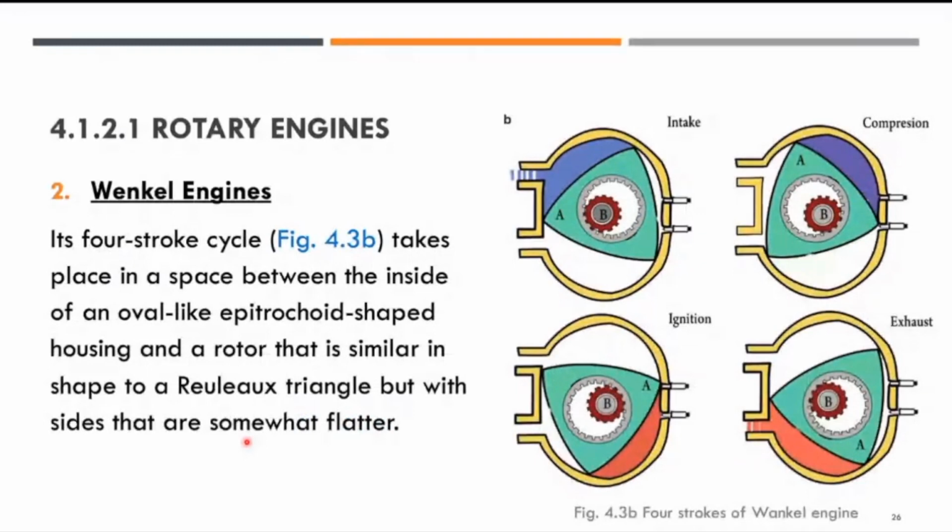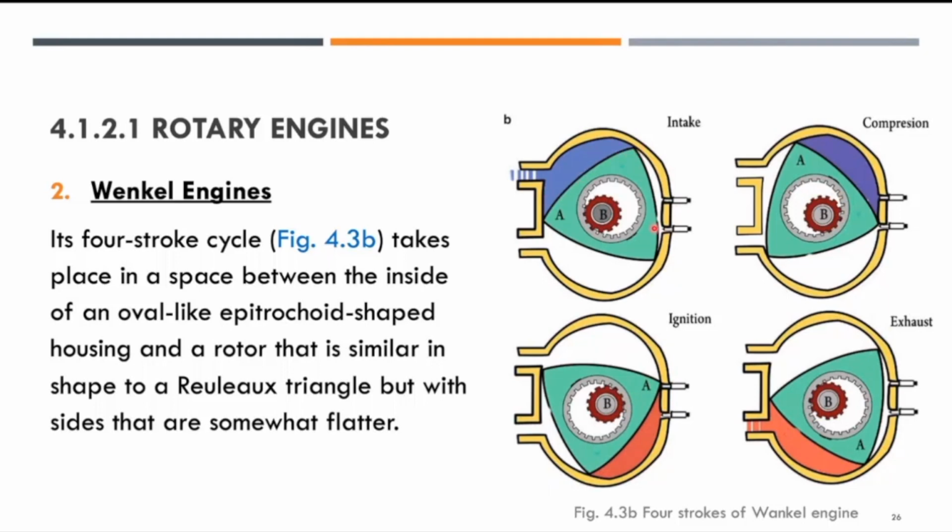So in a more detailed explanation, it is a 4-stroke cycle, for example, being shown here from the intake position, then the air being compressed, then the ignition and the exhaust. So this is the 4-stroke movement.